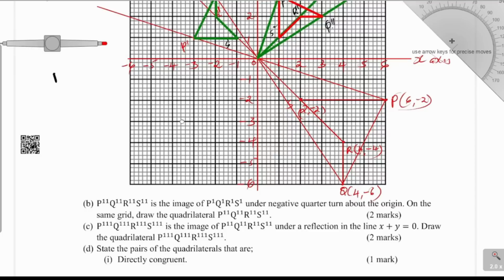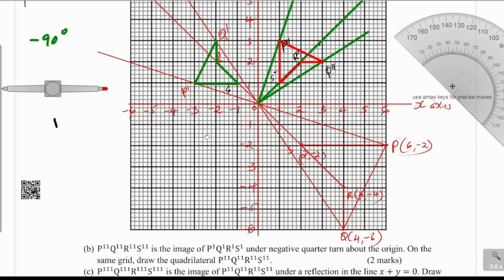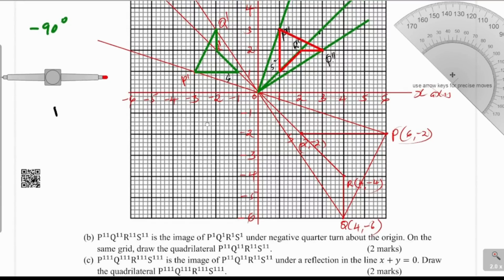The next one is part C. P3, Q3, R3, S3 is the image of P2, Q2, R2, S2 under a reflection in the line x plus y is equals to 0. Draw the quadrilateral P3, Q3, R3, S3.